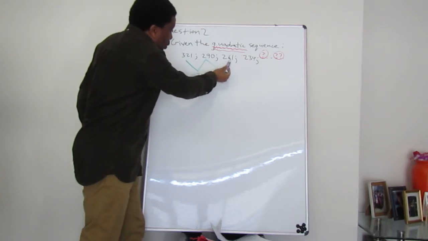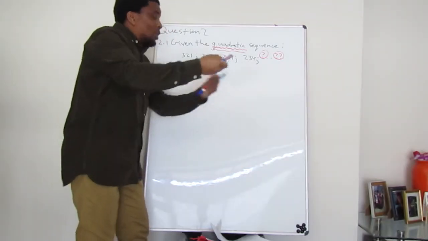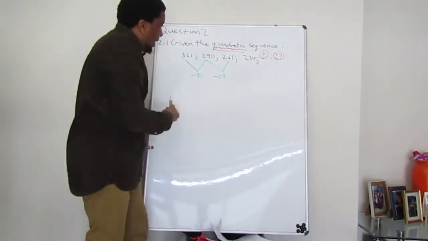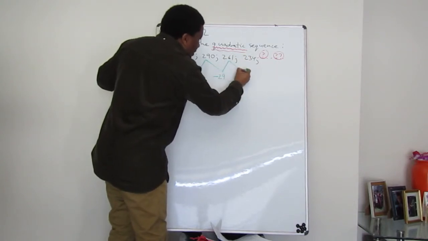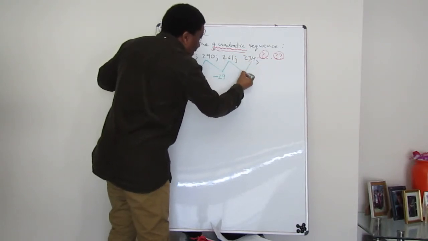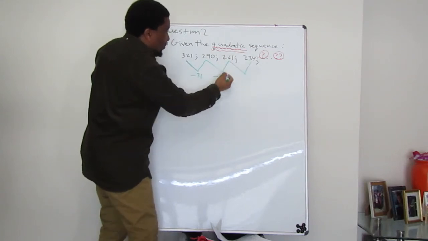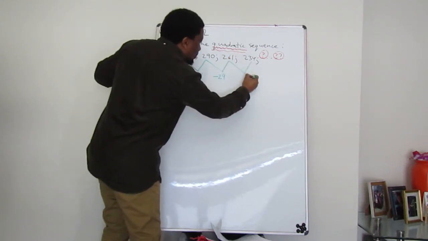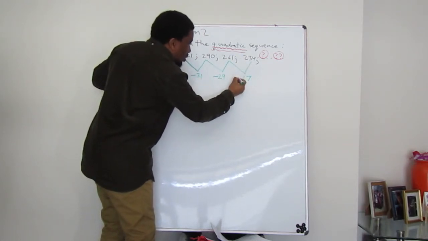From 261 to 234, going downwards, the difference will be 27, and it's also a negative.